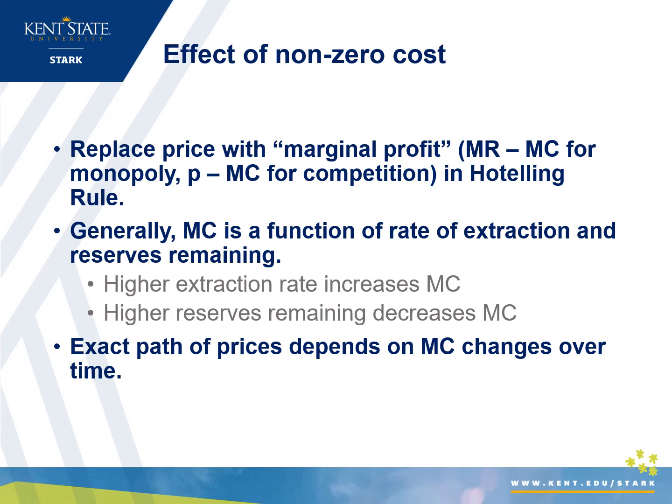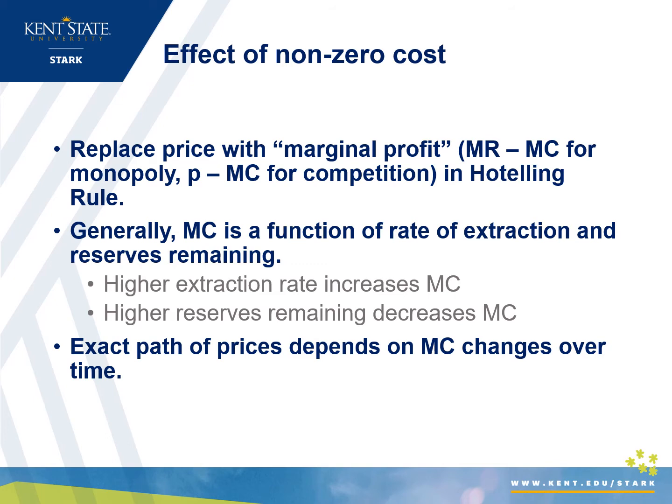First, if you have a higher extraction rate, so we're trying to remove more of the resource than we previously would have, say, what that's going to do is tend to increase your marginal cost. The reason being that we have some resource that is relatively easy to get to, some that's relatively difficult to get to.